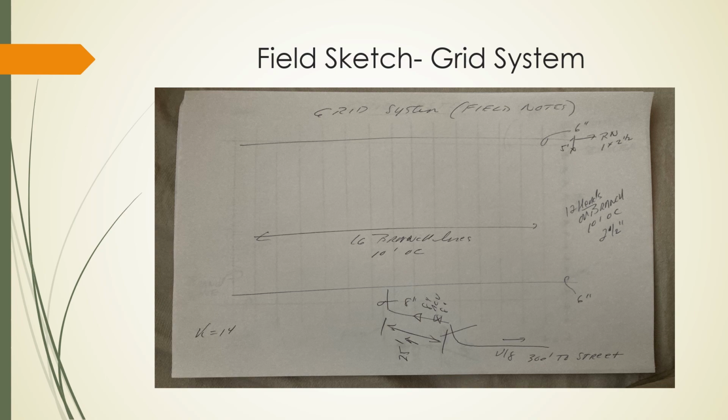And if there's a riser nipple, I'll grab that information. And what I'm going to do is just count the number of branch lines. I have 16 branch lines and they're 10 feet on center. Got that piece of information. I have 12 heads on the branch, 10 feet on center, and a 2.5-inch line. I'll grab that information as well. I go to the cabinet and there's a K14 head there.